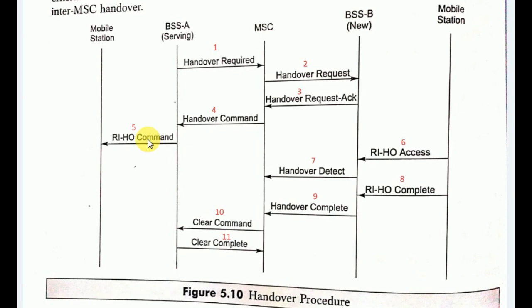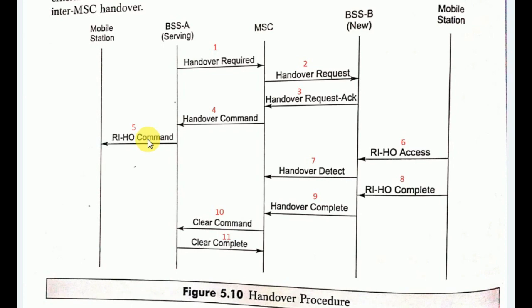When the MS is successfully in communication with the network, that is, the radio resource message handover complete has been received from the MS, the new BSS will immediately send a BSSMAP message, that is the handover complete message, to the MSC and terminate the procedure. So after successful handover, a handover complete message from BSS B to MSC will be sent.